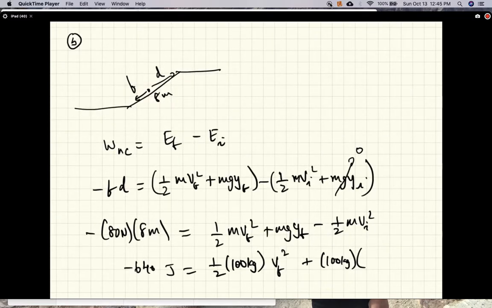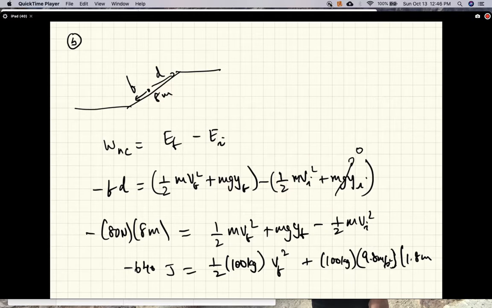So 100 kg times 9.8 meters per second squared times 1.8 meters, minus 1/2 times 100 kg times the initial velocity, which was 8 meters per second. Alright, so without friction he was going at 5.36 meters per second, and with friction present at the top of the hill he should be going slower than that, and that's what we're hoping for.